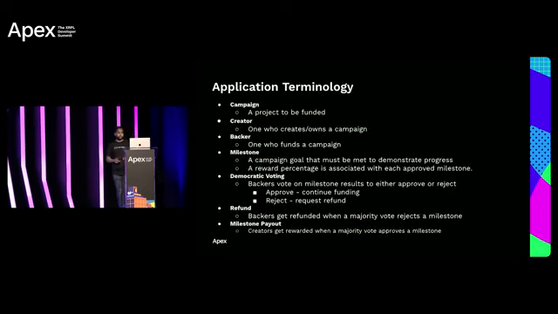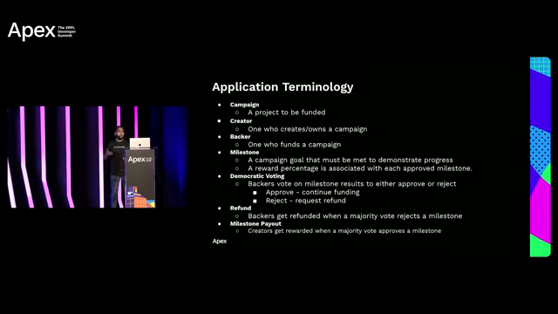Before we dive fully into the application, let's go over the terminology. This is similar to what Kickstarter or GoFundMe has, where you have a campaign, which is a project to be funded. You have a creator who creates it, and then you have a backer who funds a campaign. And then you have milestones, which are campaign goals that must be met to demonstrate progress.